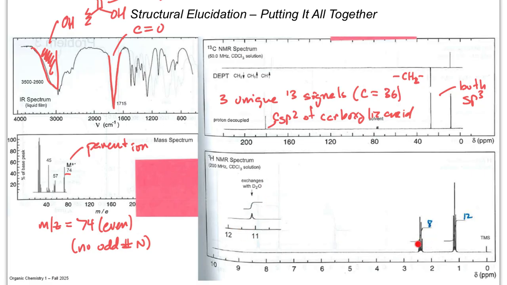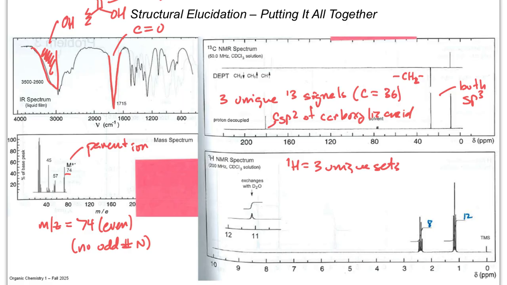Then we have this thing here about 2.5, that's a second set. And then at 1, that's the third set. So we have 3 unique sets. Now we need to figure out what the ratio is, and that's going to give us the total hydrogen count.